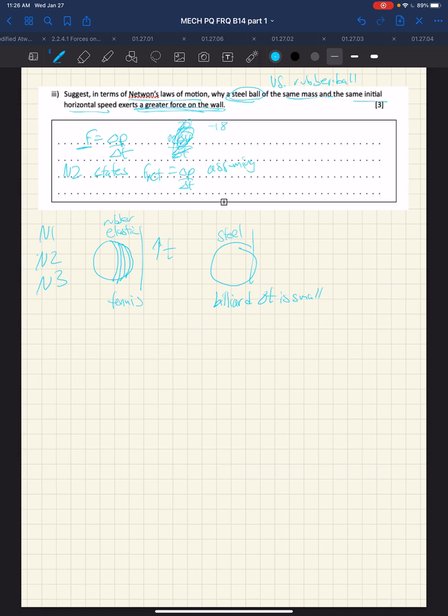Assuming the same delta P, a smaller delta t will yield a greater force.